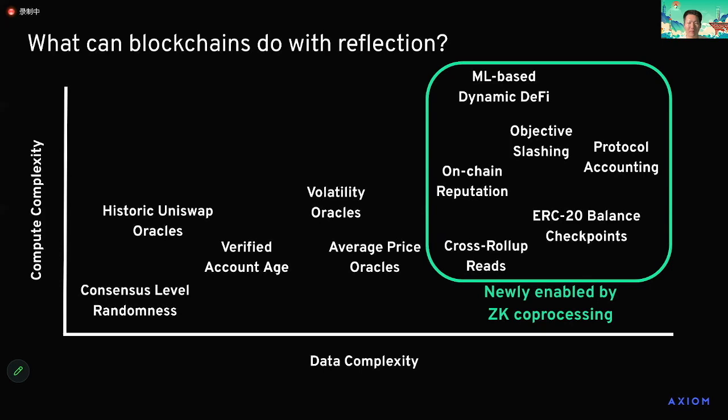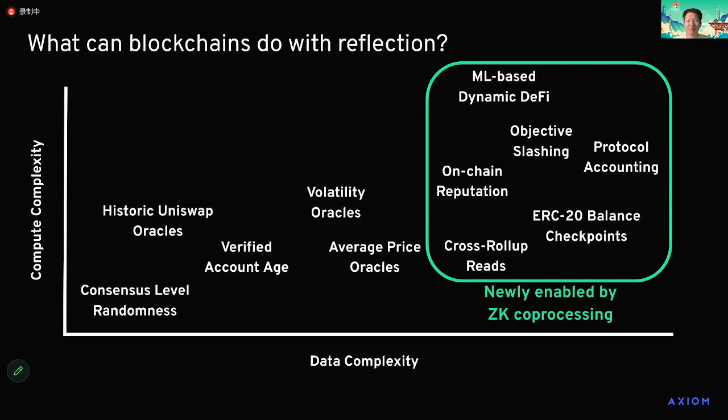Finally, if we really ramp up the level of compute that's possible, we think it could be really interesting to use machine learning models to adjust parameters on-chain. In traditional financial applications, there's really sophisticated modeling of what the future parameters should be based on a lot of historic data, price data, economic data, and so on.